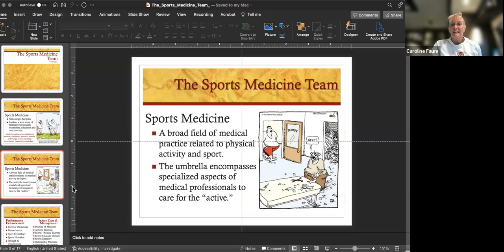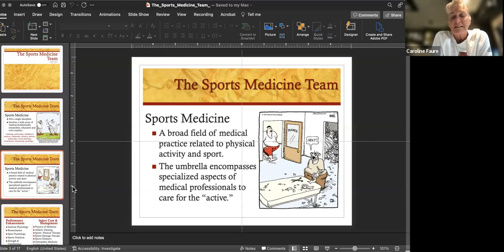So like I said, sports medicine is an umbrella term. We see it in healthcare settings in particular, to basically cater to the physiological needs of those individuals who are physically active. So we may look at high-level athletes like professional or Olympic sport athletes, and it can range all the way down onto the youth sport levels, the 5 or 6-year-old that maybe is getting their first experience with a soccer game.